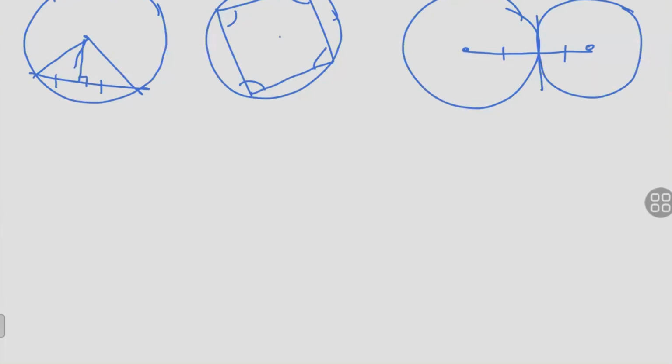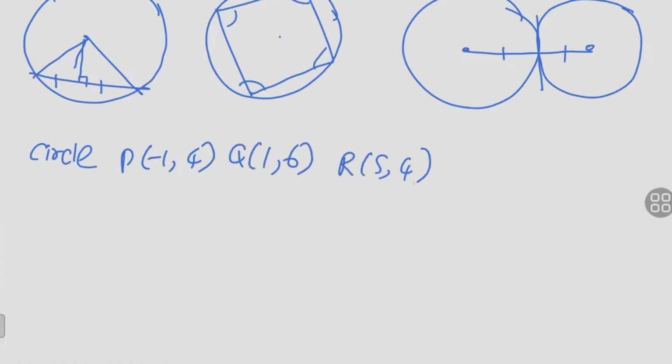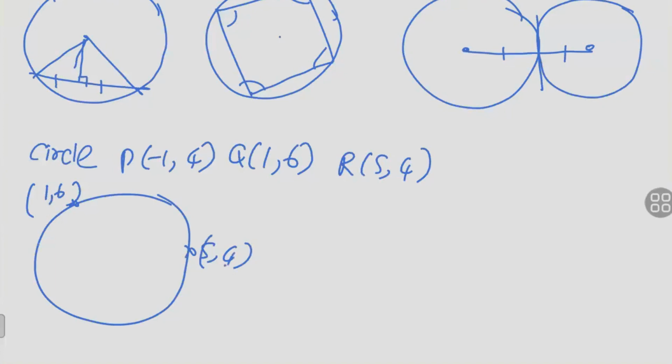But without that, if they ask something using the circle, let's say the circle passes through some points: -1, 4, 1, 6, 5, 4. These 3 points are on the circle, right? So this is 1, 6. Let's say this is 5, 4. This is -1, 4, right?